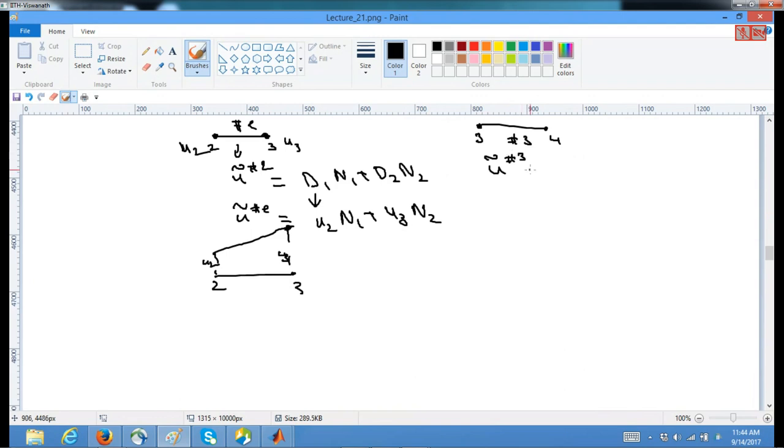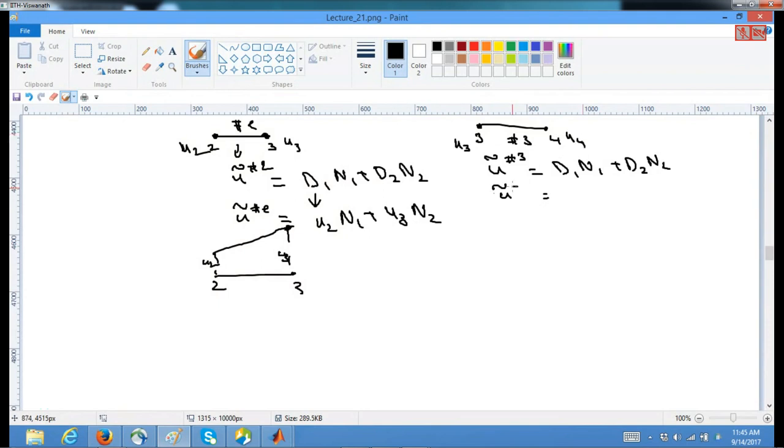The same thing I need to do: d1 n1 plus d2 n2. The shape functions may be the same if the length is the same, but what happens is the degree of freedom at this place is u3 and this one is u4.